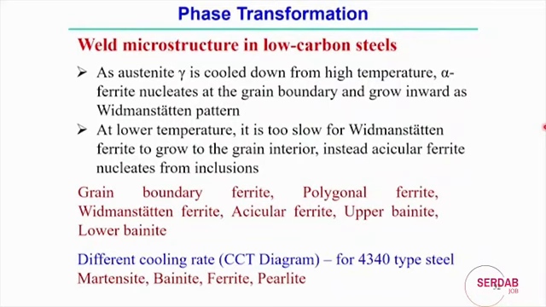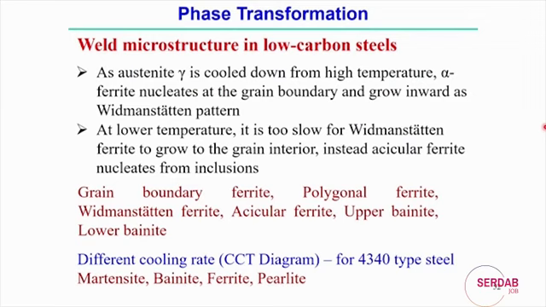At low temperature it is too slow for the Widmanstatten ferrite structure to grow into the grain interior. So, in that case acicular ferrite nucleates from the inclusions.